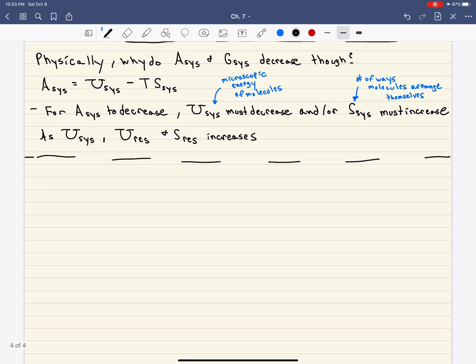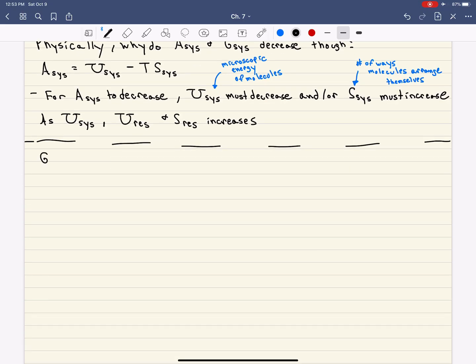We can make similar arguments for the constant NPT systems. Right? So if we look at the Gibbs energy, that's H minus TS, right? Which we could split up the enthalpy term into internal energy plus PV system minus T S system. Okay?